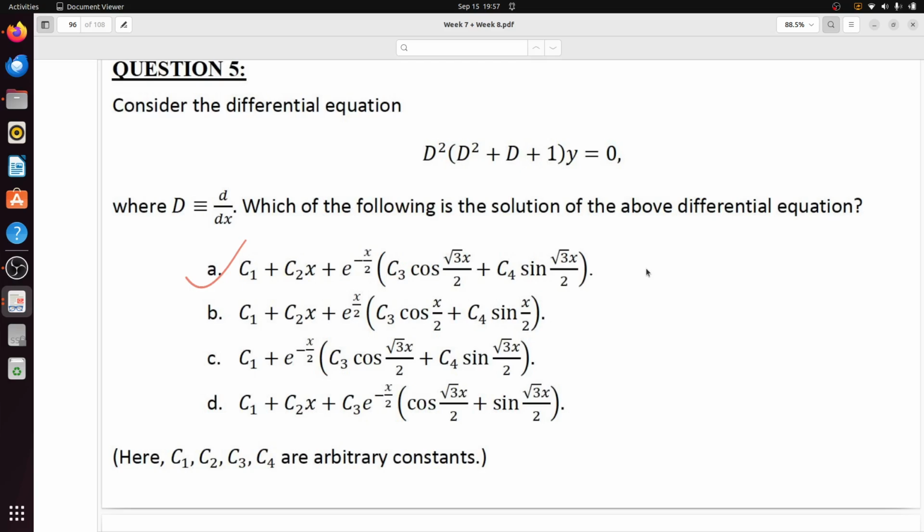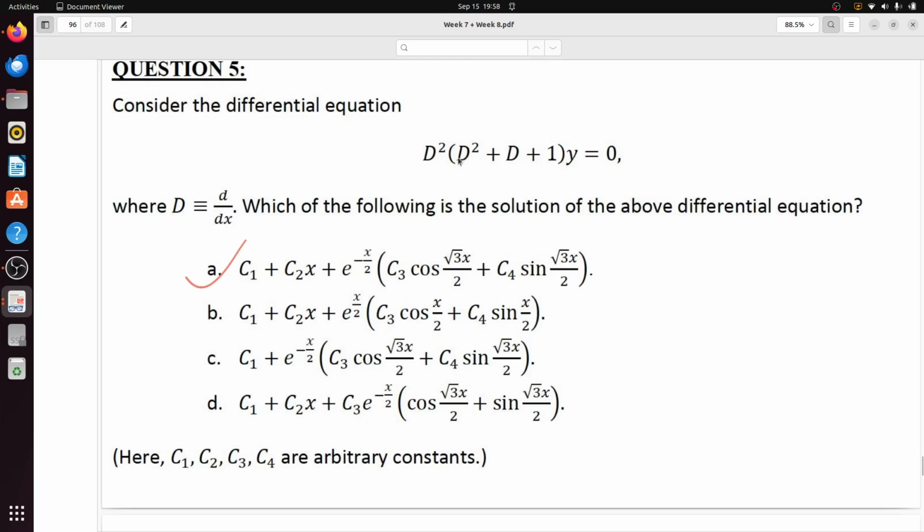It is very easy. First you have to solve d square equal to 0. So we have two solutions that are 0 and one complex conjugate solution. So the auxiliary equation will be m square into m square plus m plus 1 equal to 0.